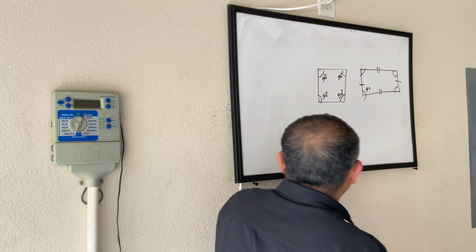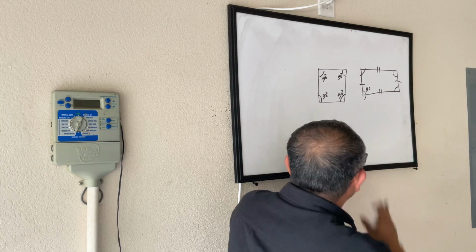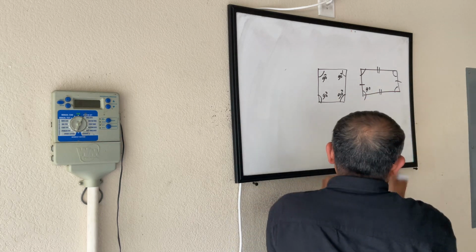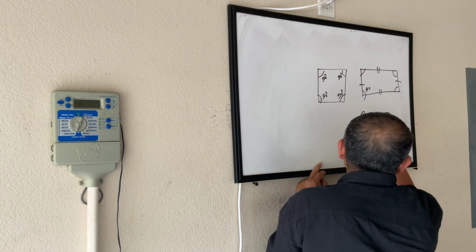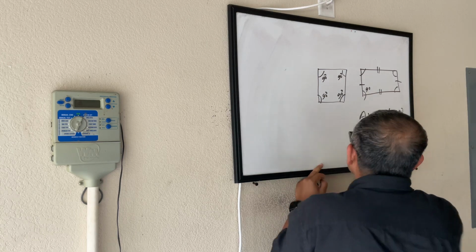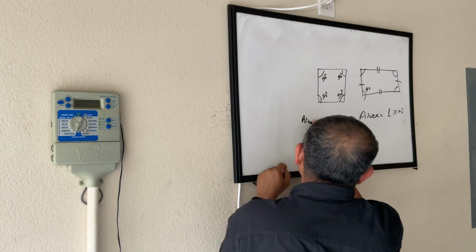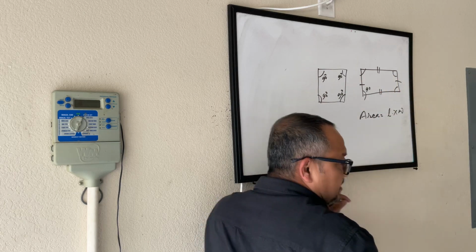So now we are talking about a square. A square also has all the matching properties of a rectangle. Meaning, if I know that the area of a rectangle is length times width, can I borrow this same formula for this also? Yeah, probably yes, because the properties are matching.